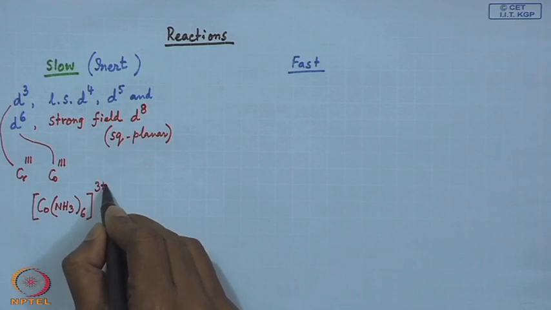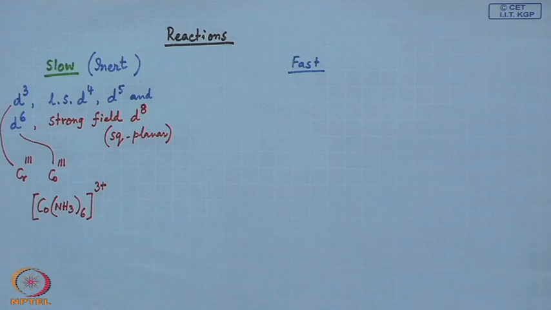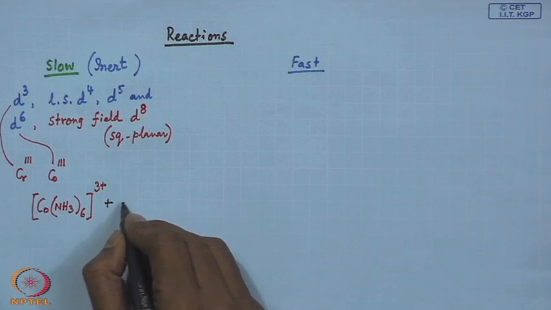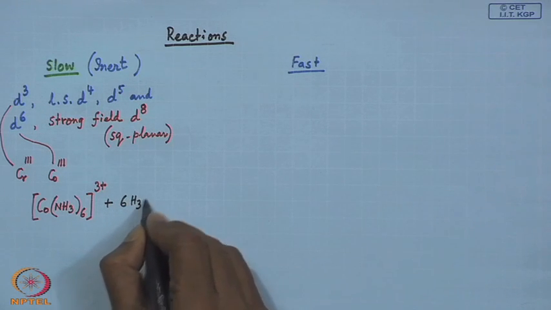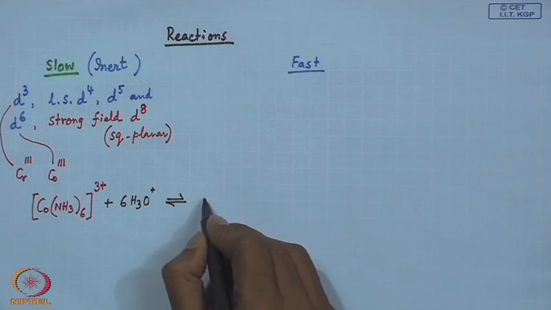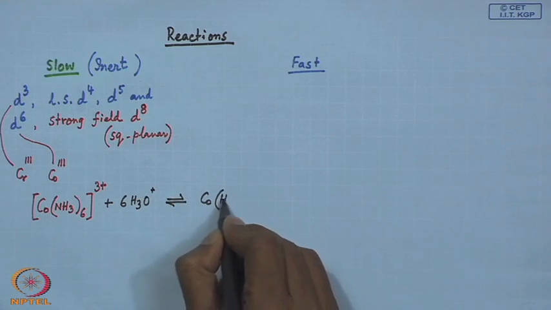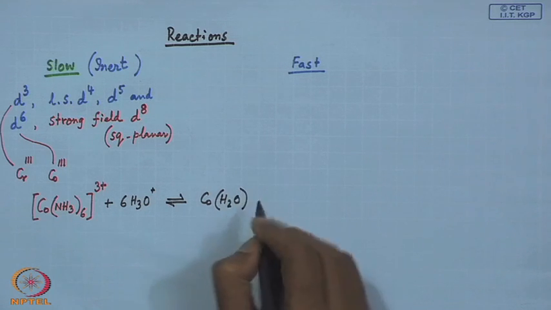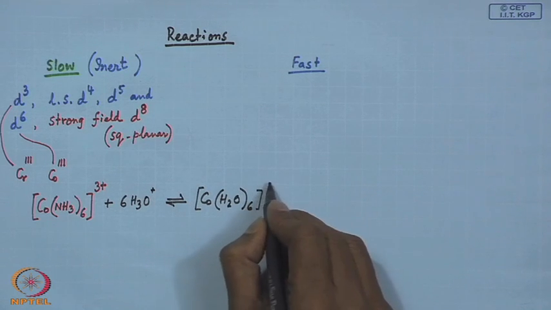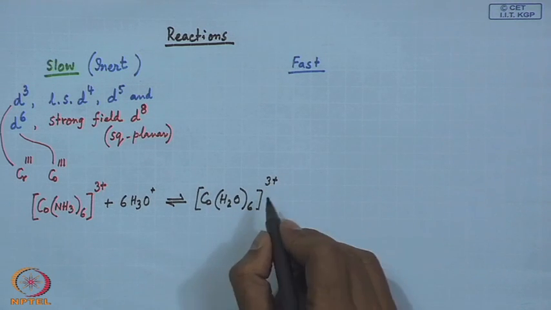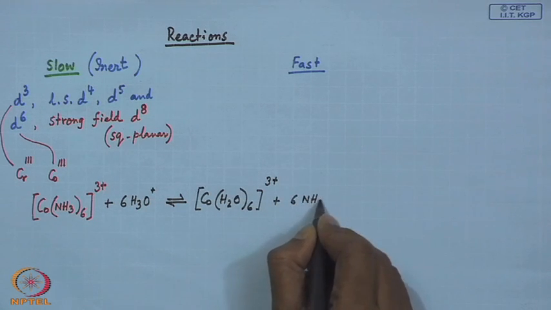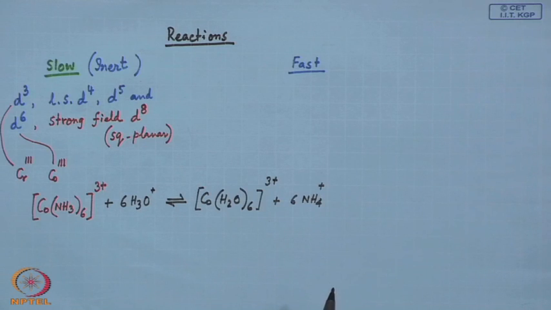which is substitutionally inert. When this compound reacts with acids, say protons, it gives rise to substitution of all the ammonia ligands by water molecules, giving the corresponding hexaaqua cobalt(III) compound and 6 ammonium ions after protonation.